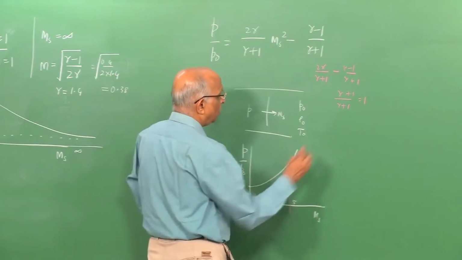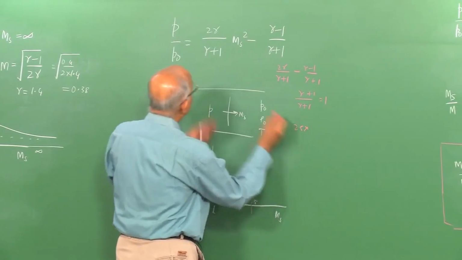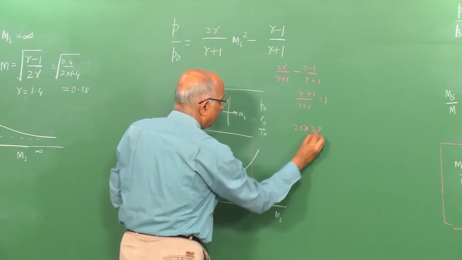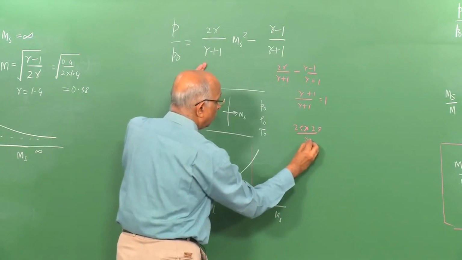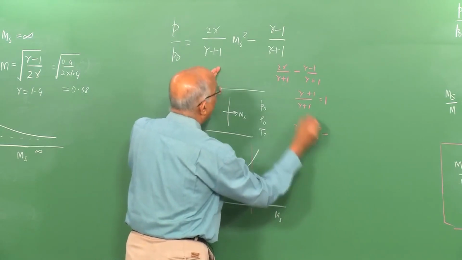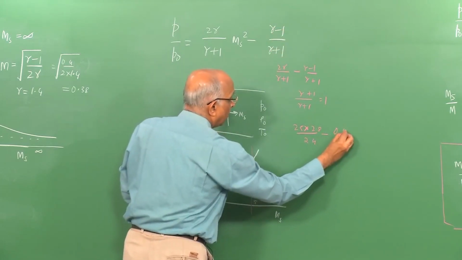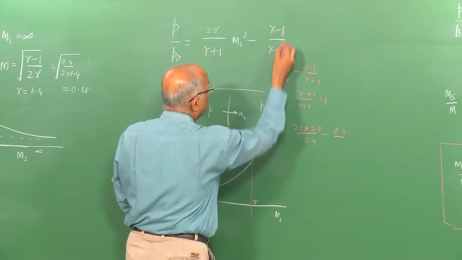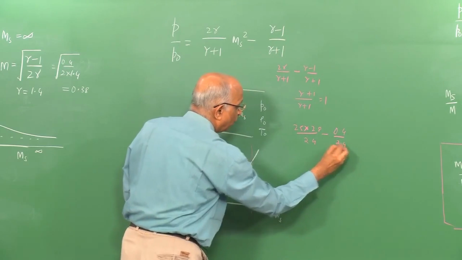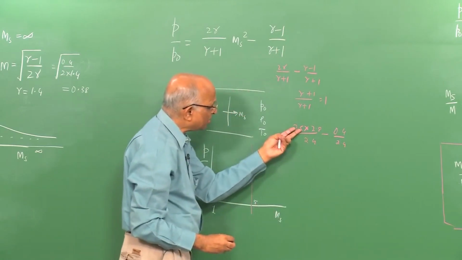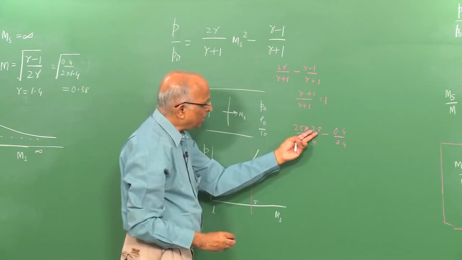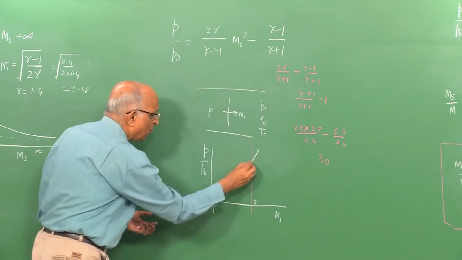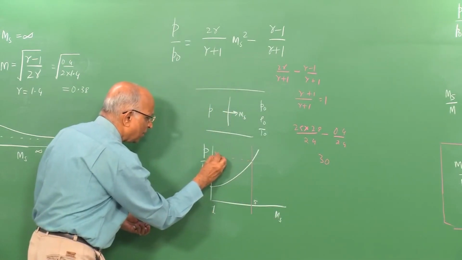Let us put the value down: 25 into 2 into 1.4 for air, 2.8, divided by 2.4, minus 0.4, divided by gamma minus 1, that is 1.4 minus 1, I get 2.4. If I look at this, it is something like 29 or 30 is the value. That means at a value of 5, I get a pressure ratio of 30.